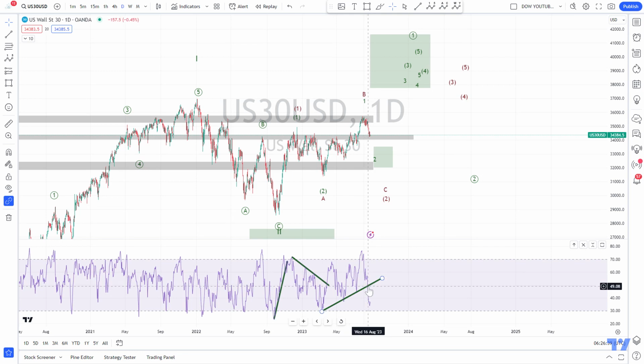Okay, we could expect a fifth wave, or a wave here to the upside that ends with divergence. But then the problem is that we went too deep for a wave 4. So yeah, as you can see, there are a lot of issues here with this part.